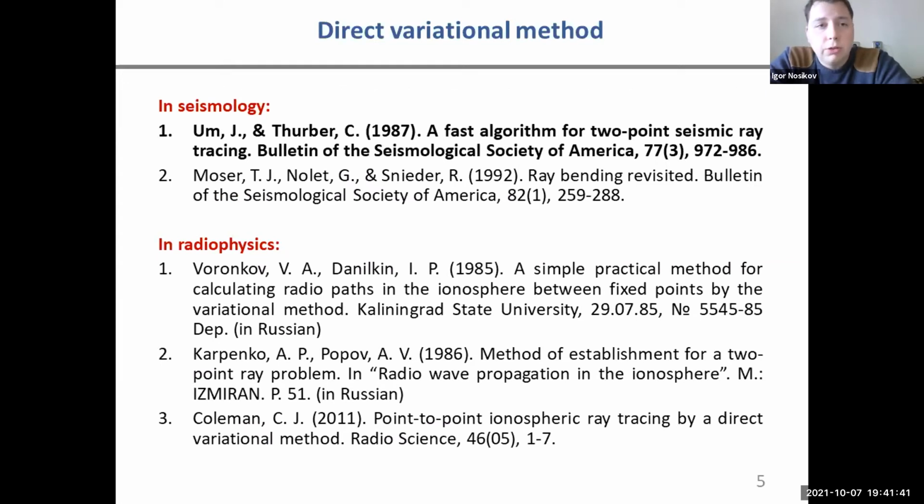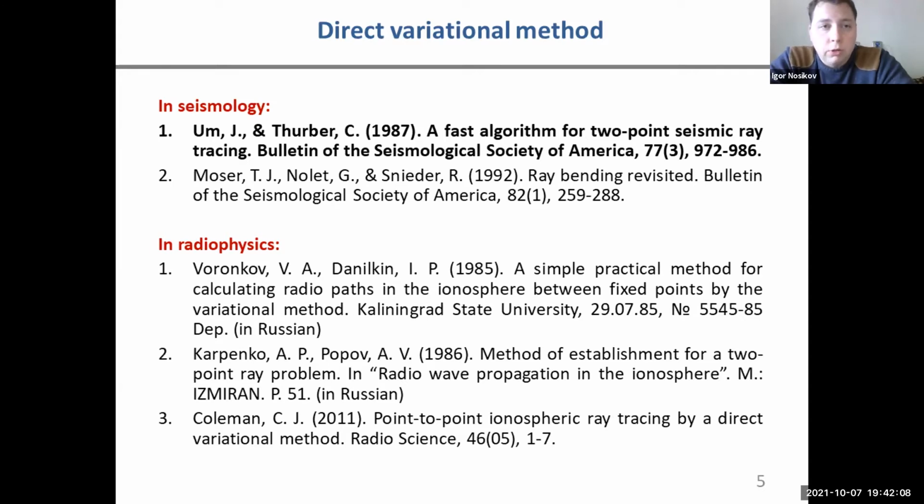This kind of approach is used in different fields of science, for example, in seismology. This direct variational approach is already used for seismic ray tracing. In radiophysics, there are a few examples of application of the direct variational method.